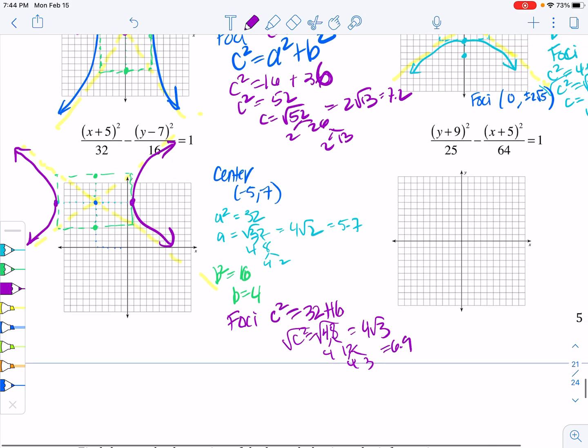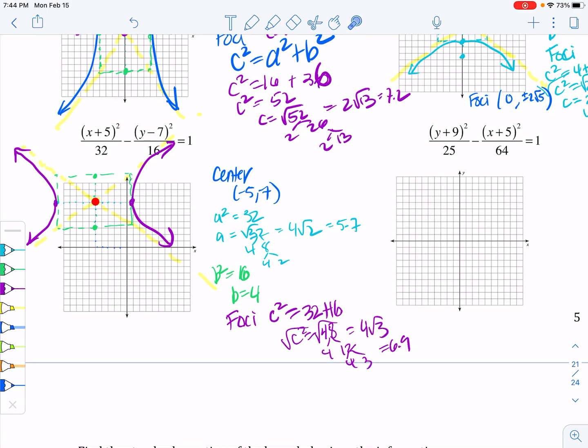So our foci is from the center, left and right by 6.9. So 1, 2, 3, 4, 5, 6.9. So there and there. Okay. And then we want to find our precise value of that. Now, to find our exact value, we have to go left and right from our center.